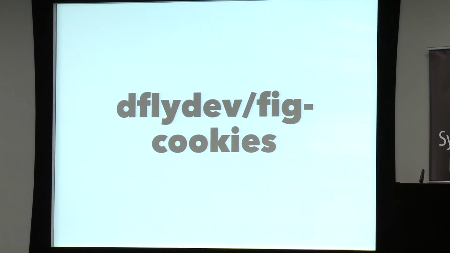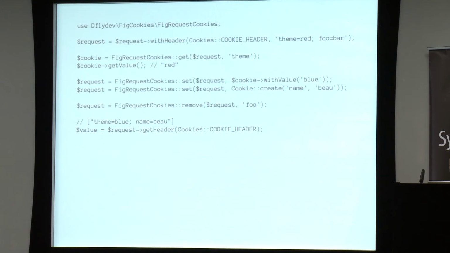After hearing a lot of people coming back and saying it's not going to work, I put my money where my mouth is and decided to write a library that lets you deal with cookies for PSR-7 requests and responses. And it turned out to work about as well as the proponents of PSR-7 expected. The only downside, if you want to call it that, is you have to pass in a request when you get things, which is fine.